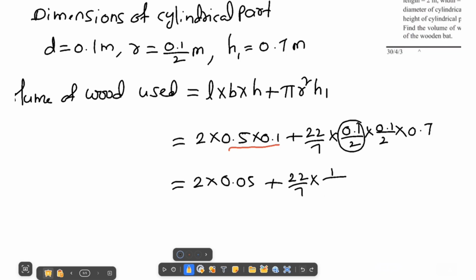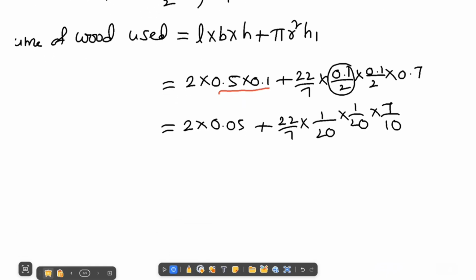So it is equal to 1 by 20. Now here also 1 by 20. Now 0.7 can be written as 7 by 10. So here 7 and 7 cancel. Next, 2 tens are 20, 2 elevens are 11.